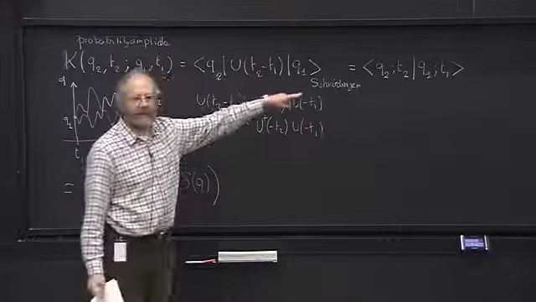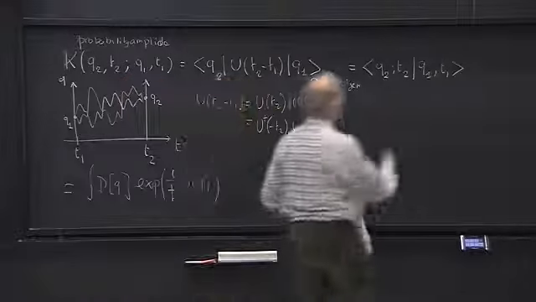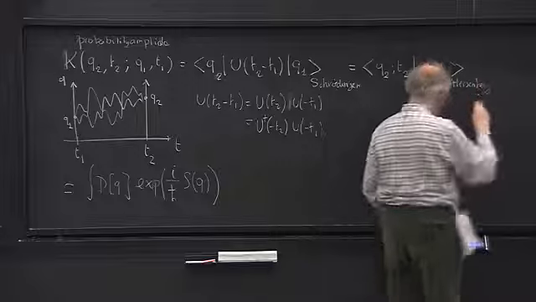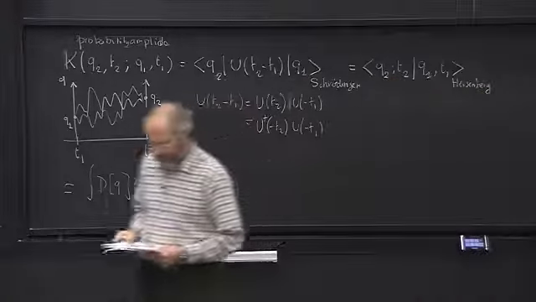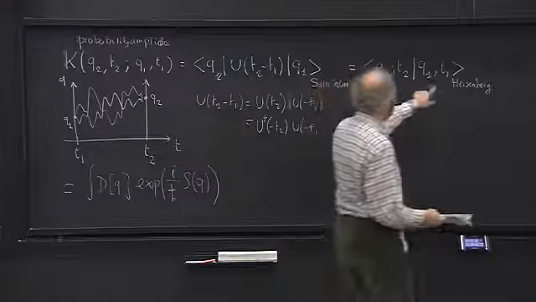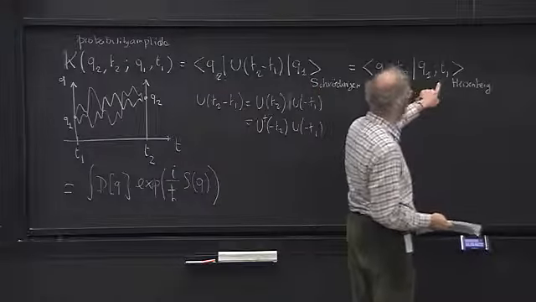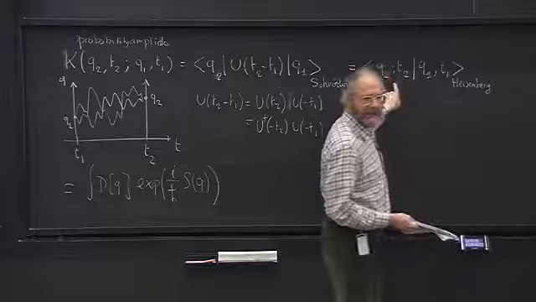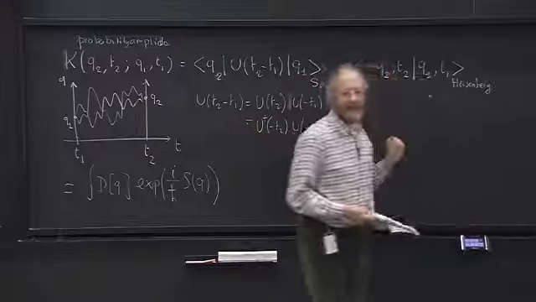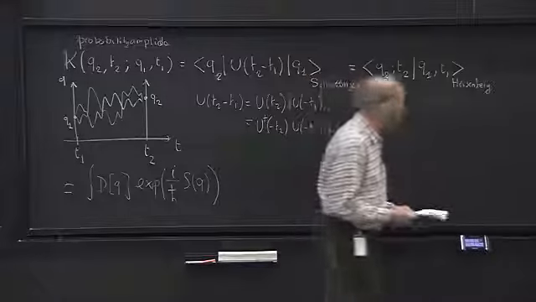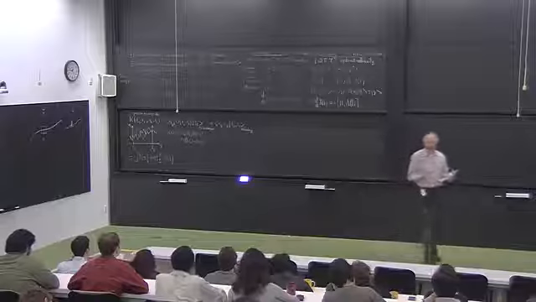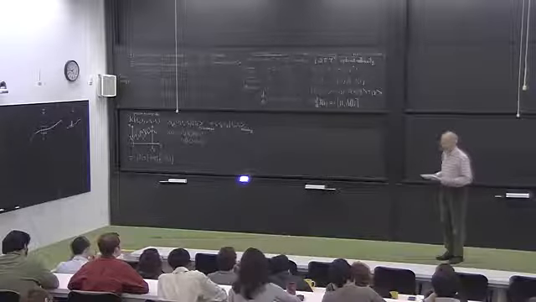And you get this. That's just the same object written in the Heisenberg picture, the transition probability, the scalar product of the initial states with the final states. Here, the evolution operator has been included in the states. Just a change of notation, change of basis, same physics, same physical amplitude.